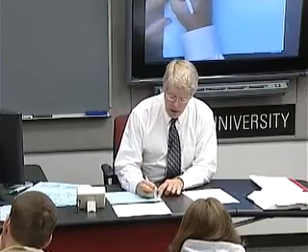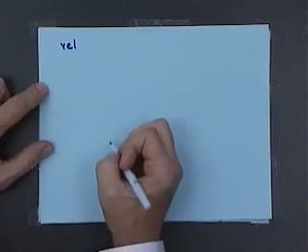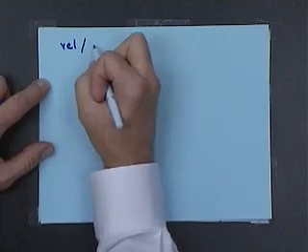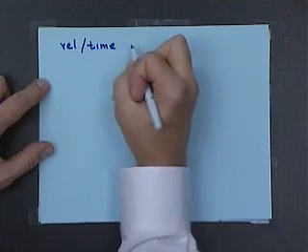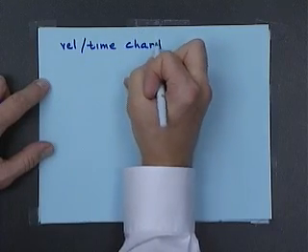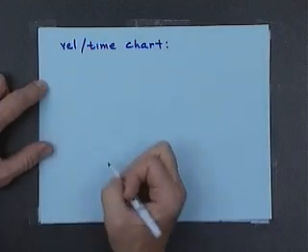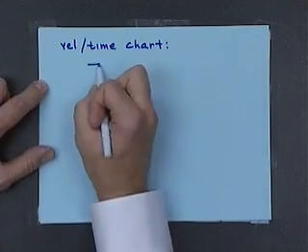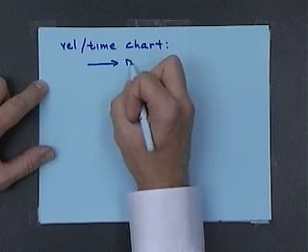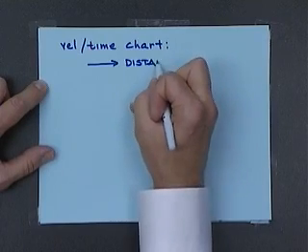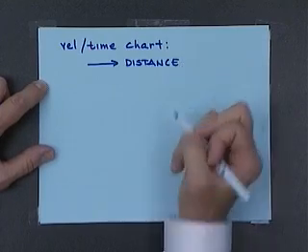All right, let's say we have a velocity in time chart, and we want to use that velocity in time chart to generate distance.